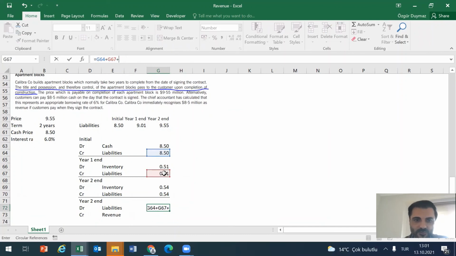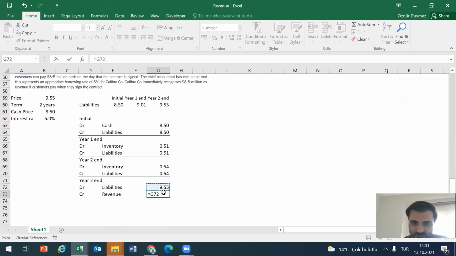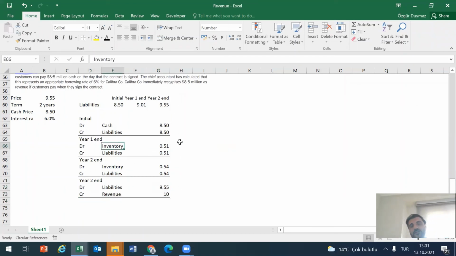It was the price already given by the supplier, the constructor, which was 9.55. And finance costs on inventory and other construction costs, might be staff, depreciation, raw materials, etc., will go to cost of goods sold at the end of the period.